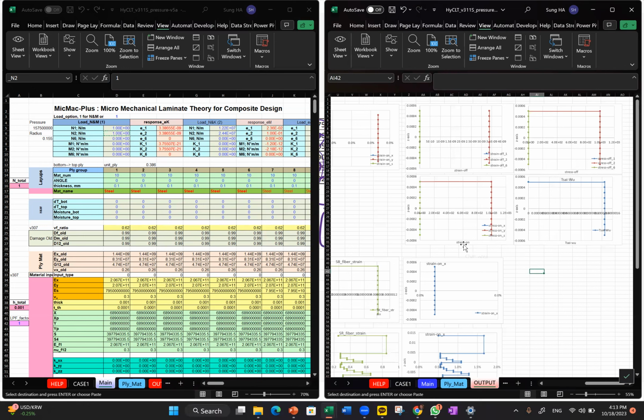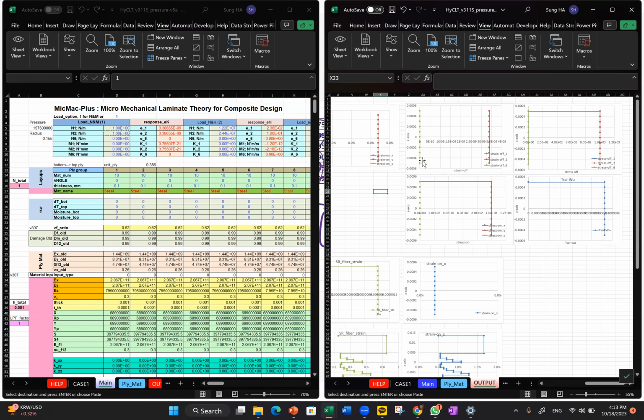And the stress, okay, we will discuss about this a little later. And here also vertically, we have 1, 2, 3, 4, 5, and then we have 11 dots because we have 10 plies.